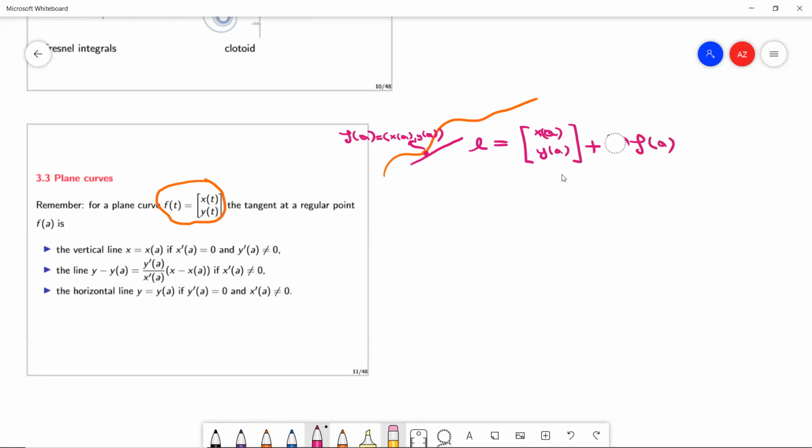Since we have just a vector function, not a matrix, I can write this with a derivative. And then we capture how much we move from the point a. So here we take x of t minus x of a, and then y of t minus y of a. This would be the tangent line with respect to t, parametrically.